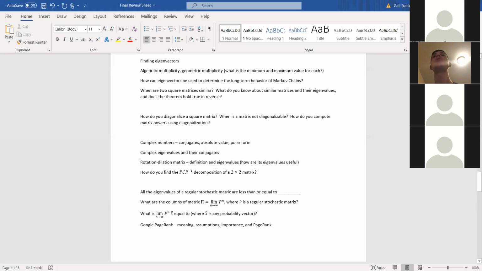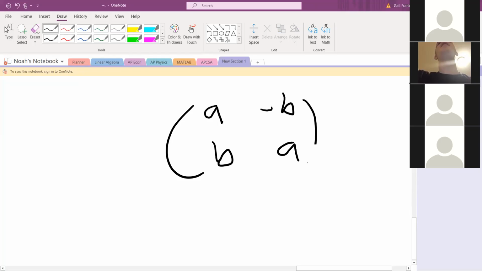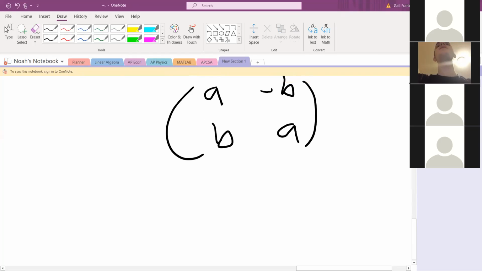Rotation dilation matrix, that is just a matrix in the form of, I'm gonna switch over, stop share screen. So a rotation dilation matrix is A, negative B, B, A, and you can easily figure out the eigenvalues of this matrix.